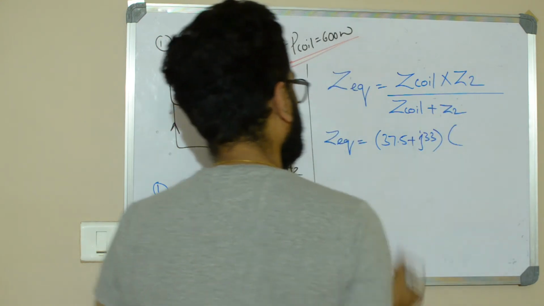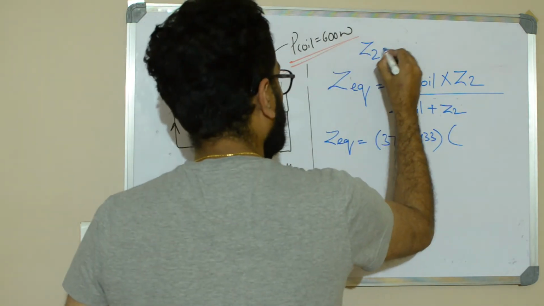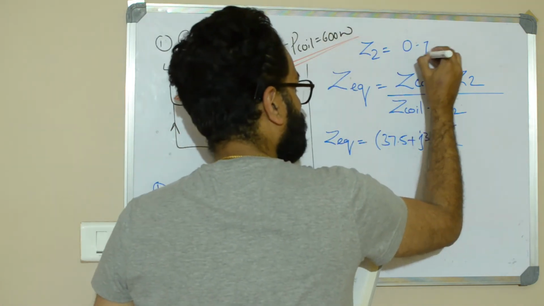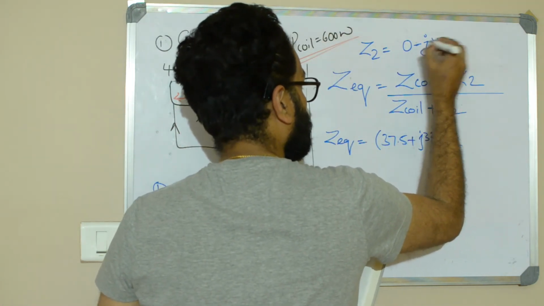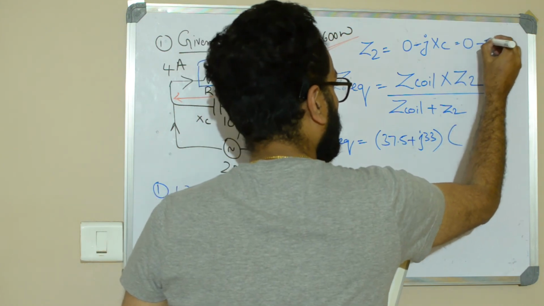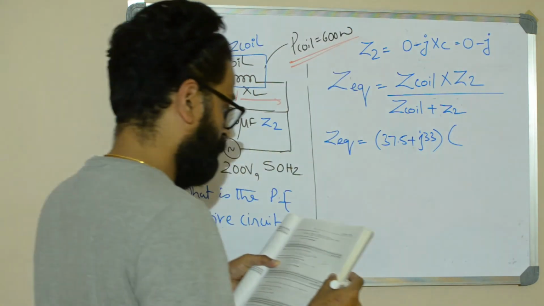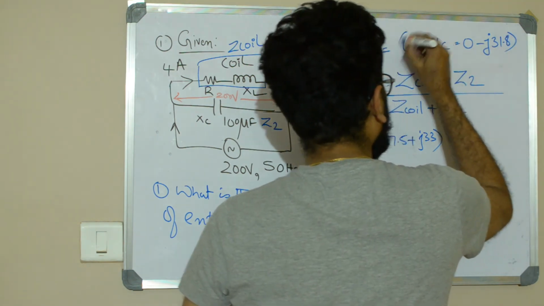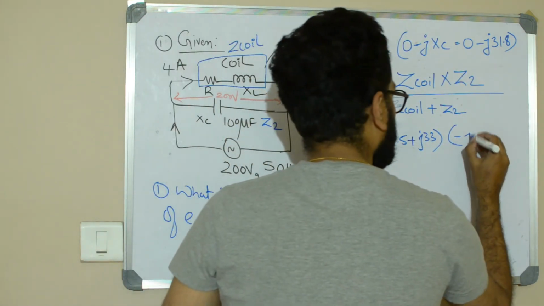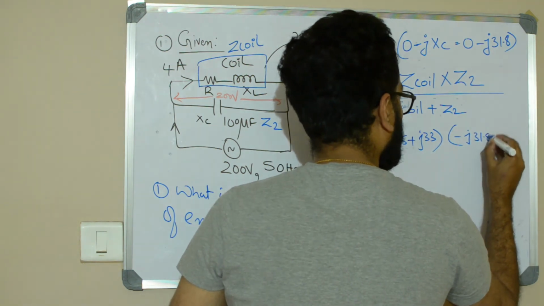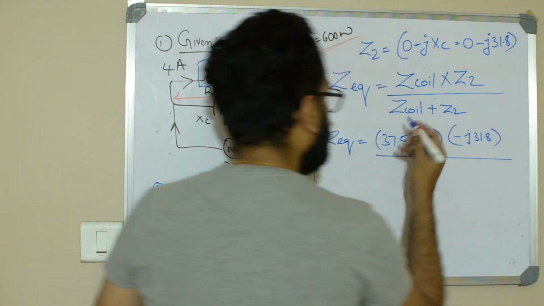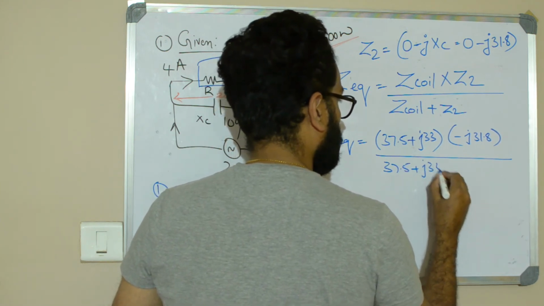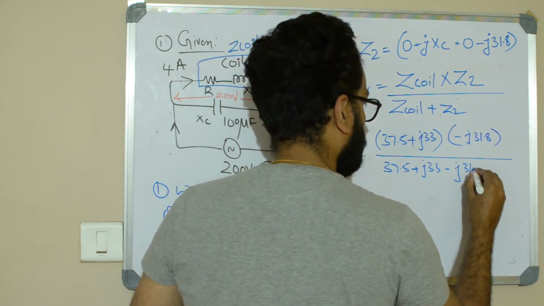Z2 is a pure capacitive branch, so it is 0 minus jXC, which is minus j31.8, as we have already calculated. So Z equivalent is (37.5 plus j33) into (minus j31.8) divided by (37.5 plus j33 minus j31.8).